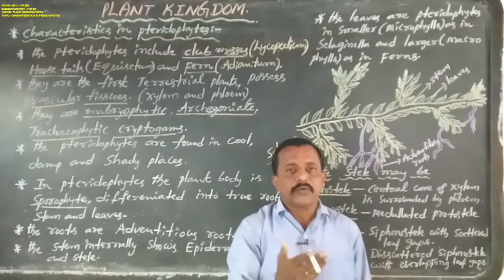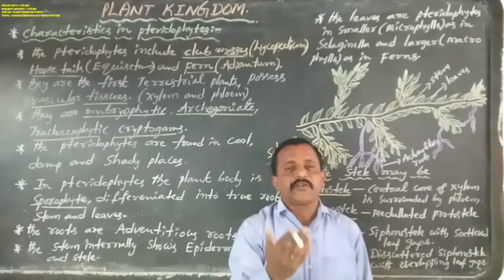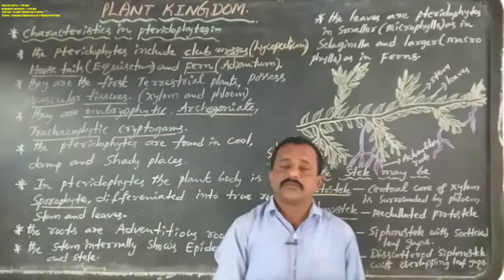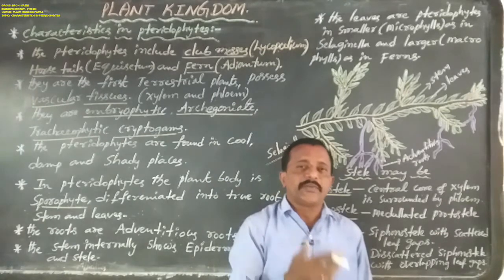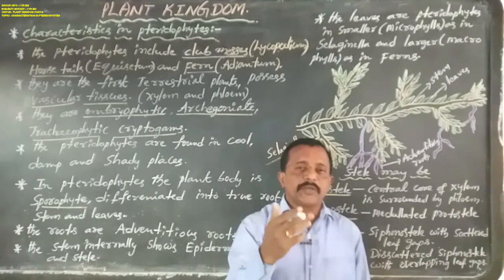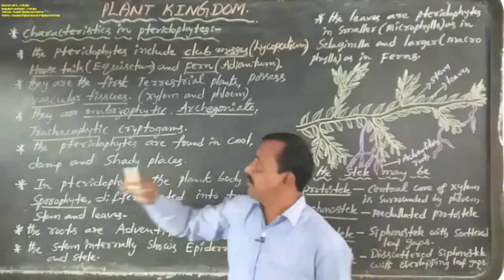Archegoniates, that is archegonia, appear in bryophytes, pteridophytes and gymnosperms, but not angiosperms. Archegonium is the female sex organ, and several archegonia appear, that is archegoniate.